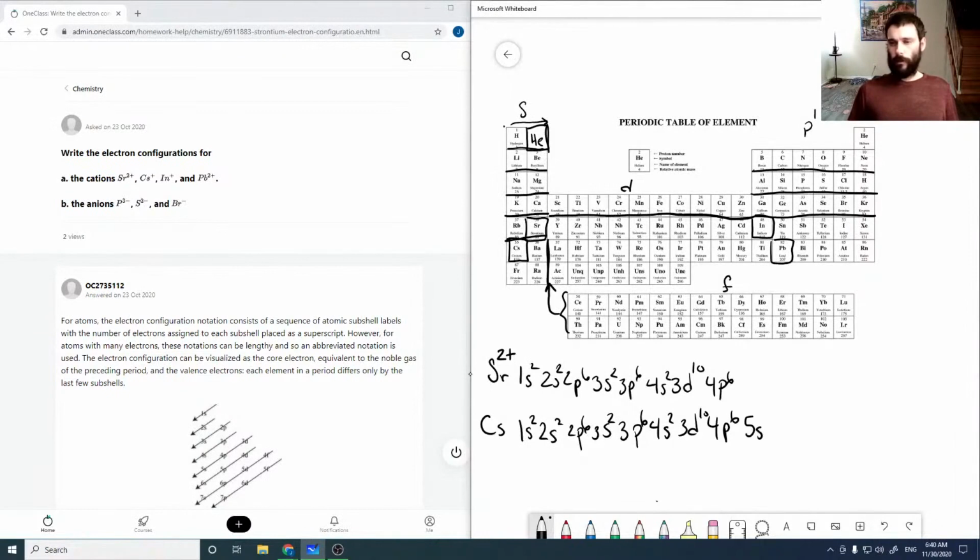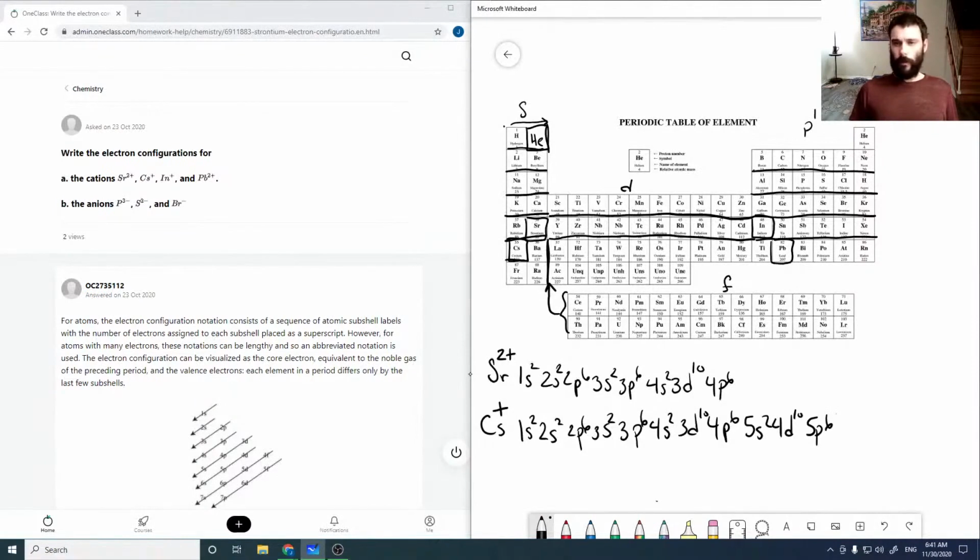And then 5s2, and then now we go to 4d, so 4d10, and then 5p6, sorry. Yep. And then 6s1. And now again we want the positive, so we just remove this outer electron.